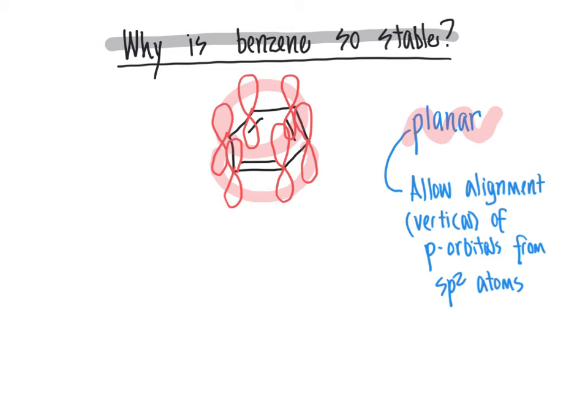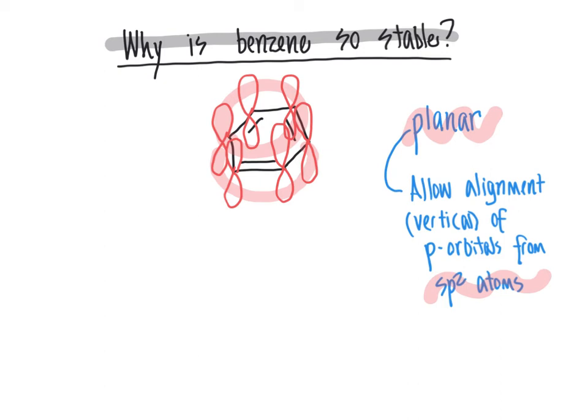And so, by virtue of the fact that this system is planar, the vertical p orbitals along this y-axis are going to align perfectly. And those p orbitals are available due to the fact that the atoms composing the ring are sp2 atoms.